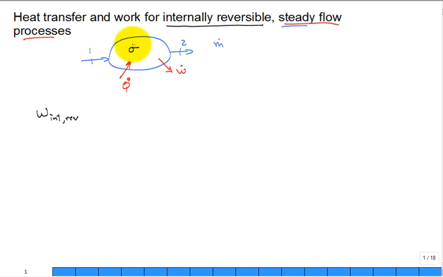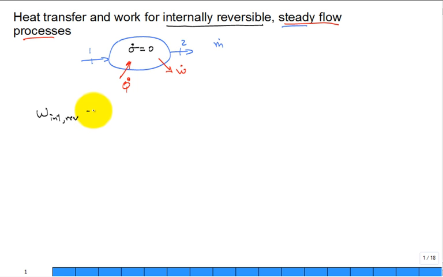What is sigma dot inside that control volume? 0, right? It's frictionless. Frictionless behavior, frictionless flow through it. And it's not just frictionless, there are no other sources of irreversibilities, but that's the main one, friction.